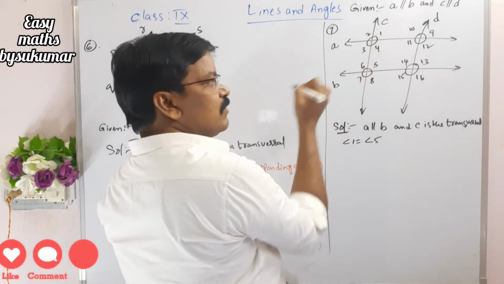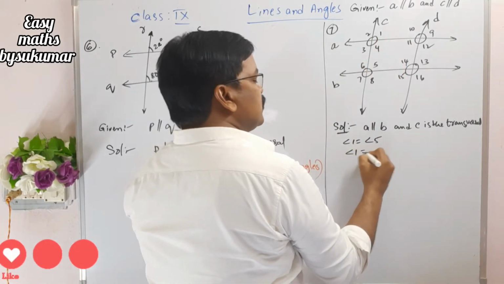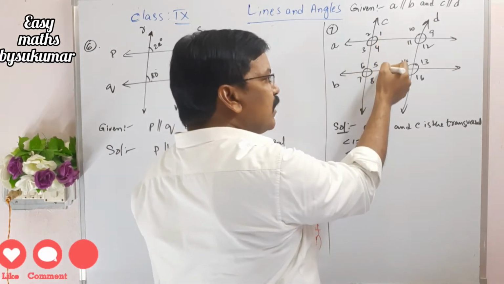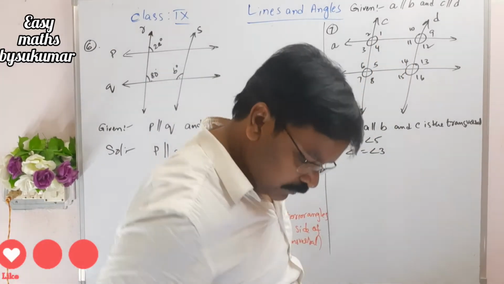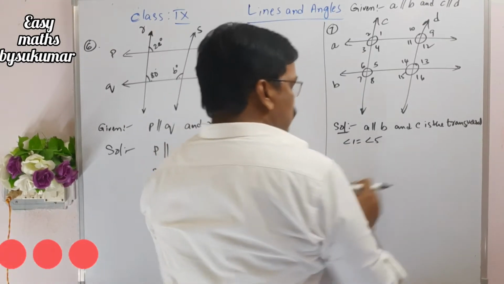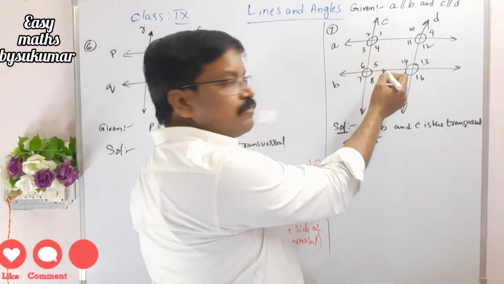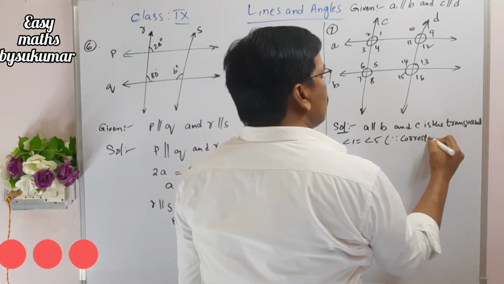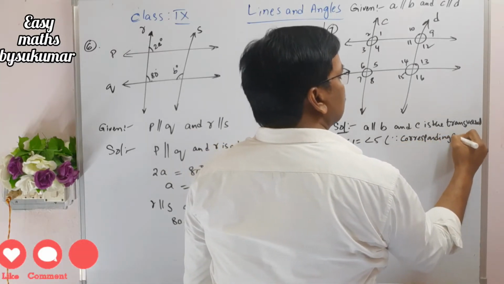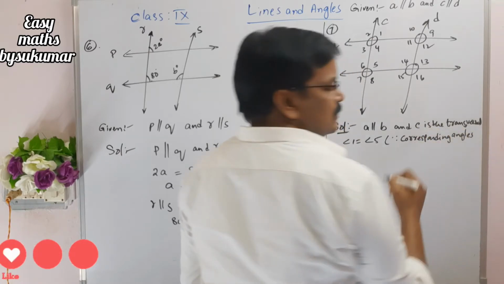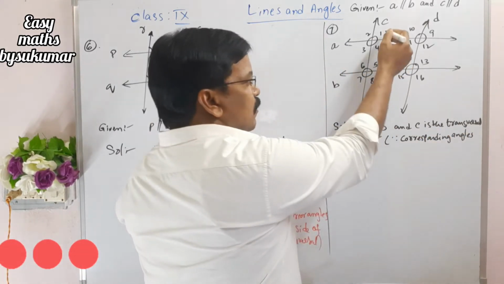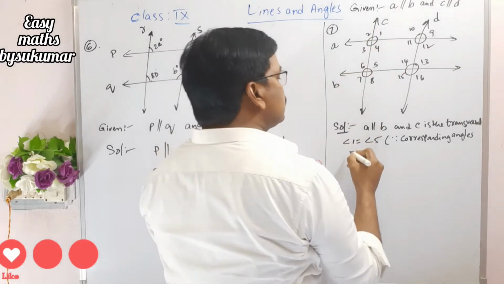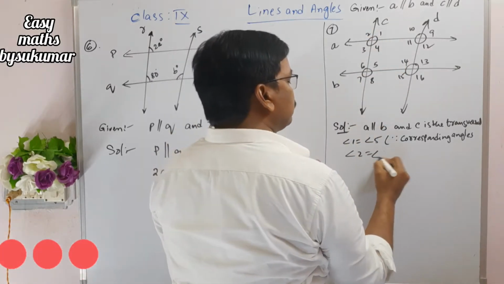Why is angle 1 equal to angle 5? They are corresponding angles. I will write here, these are corresponding angles.